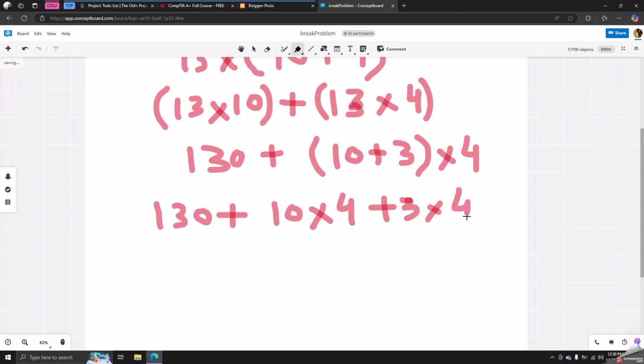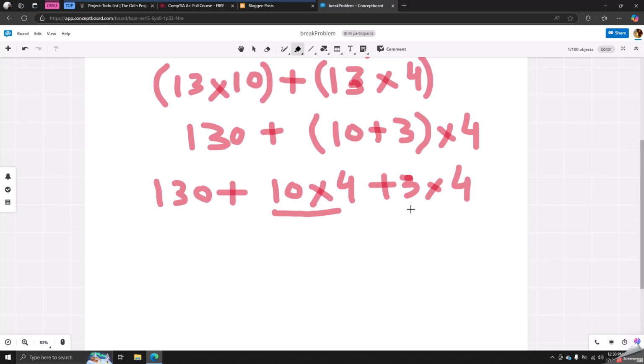So now we need to actually solve these expressions first. So 130 will be written as such, 130 plus, and this is actually now doable. 10 times 4 is 40, right? And 3 times 4 is 12, right?